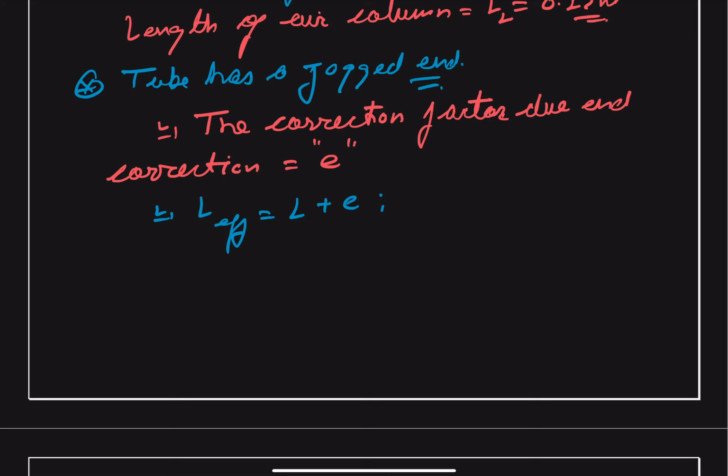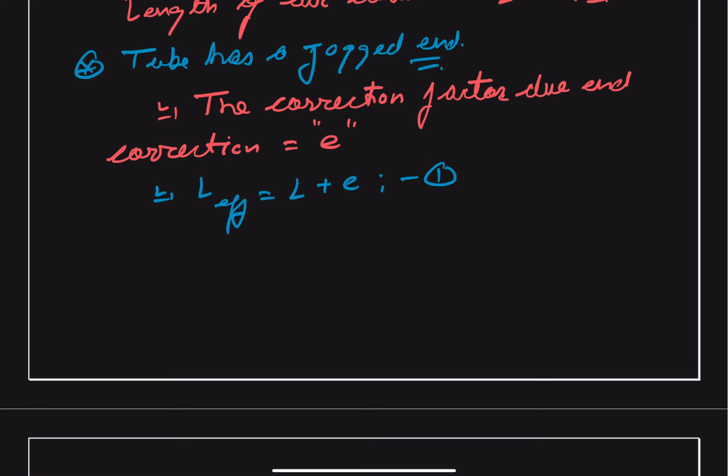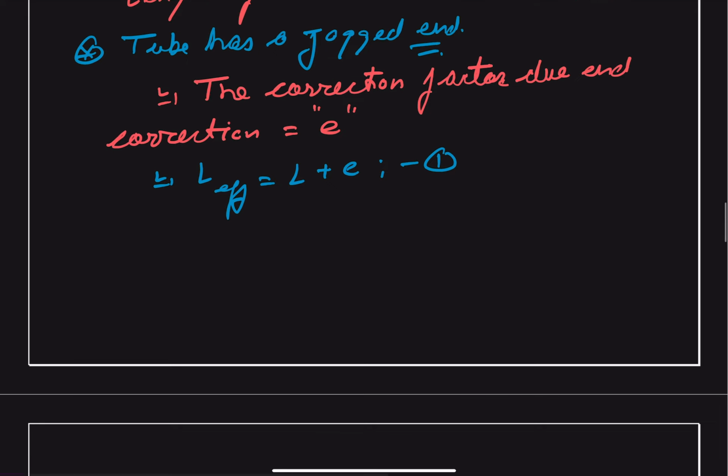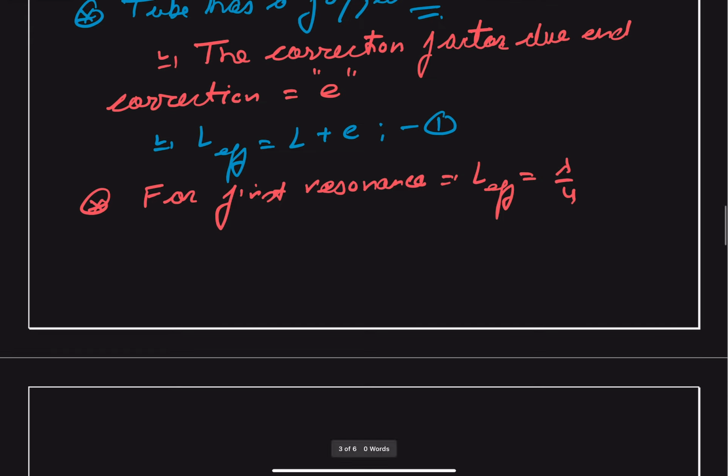Let us call this equation number 1. For the first resonance, we can write that our L effective will be equal to lambda by 4, where lambda is the wavelength of the sound.